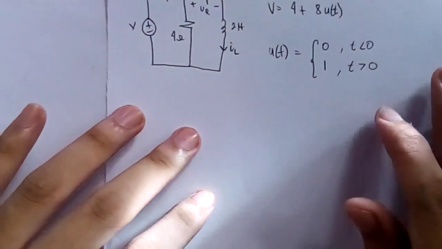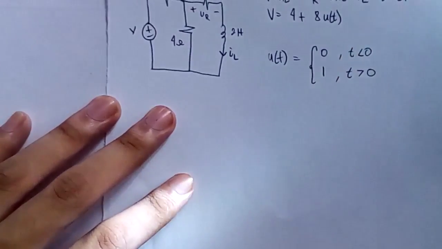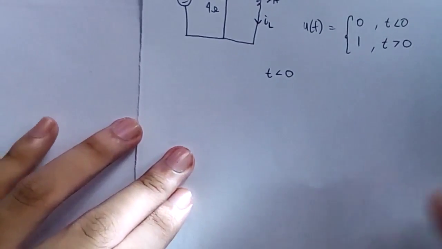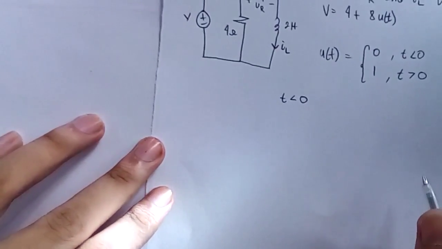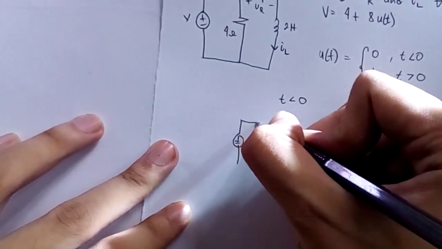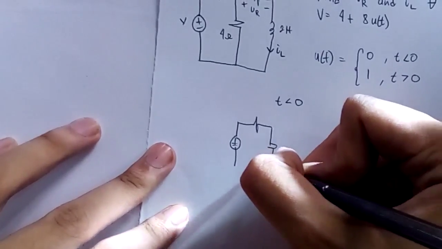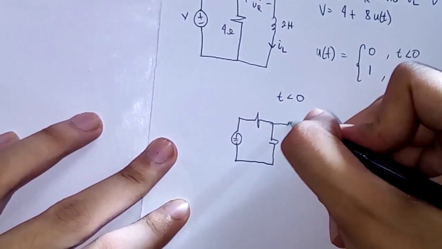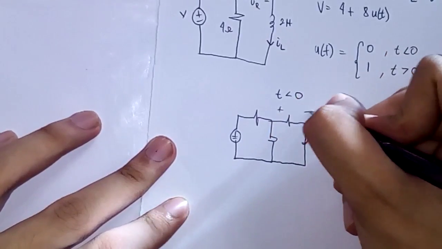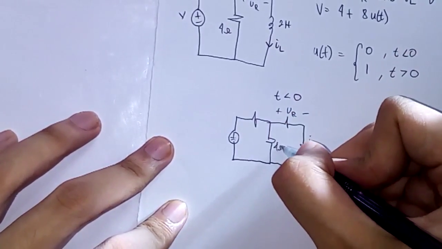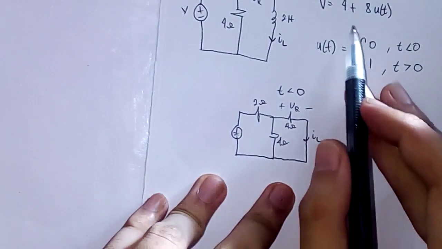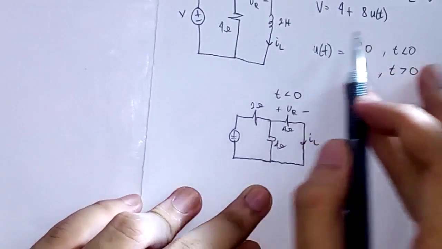So first we need to find our VR and IL for our first time interval, which is t less than 0. So we're going to transform our circuit like this. Initially, at t less than 0, our voltage here will be 4 volts.